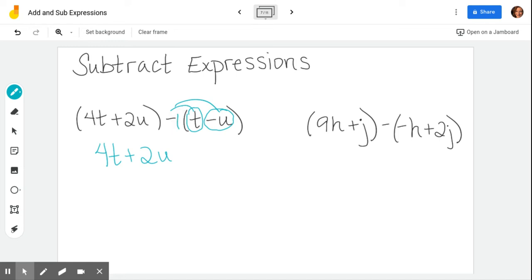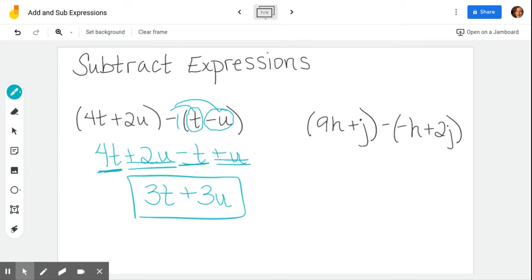Or negative 1 times t and negative 1 times negative u. That's going to become a negative t or negative 1t is the same thing. And then that's going to change to a positive u or positive 1u. You can write it either way. Like terms, 4t minus t leaves us with 3t. 2u plus u gives us positive or plus 3u.